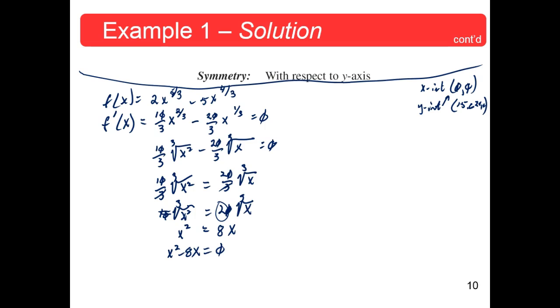Simpler than that. Factor! What would you factor? X, and that leaves you x minus 8. And what would that tell you? Yeah, either set it equal to 0, and that would be either x equals 0, multiplicity of 1, and x equals 8, multiplicity of 1.